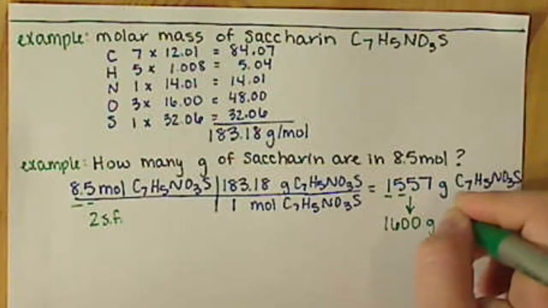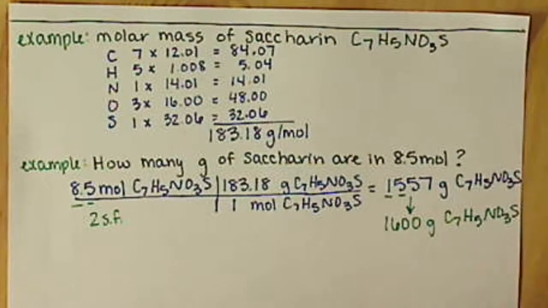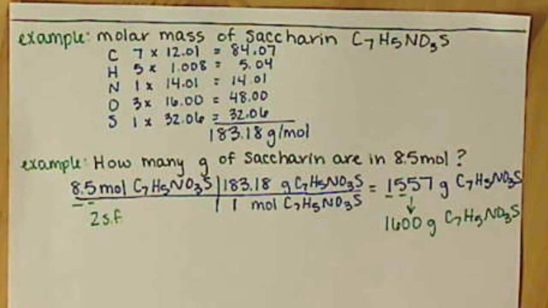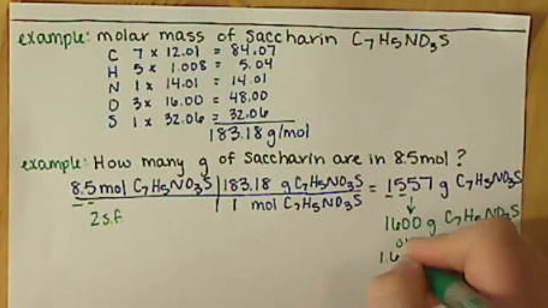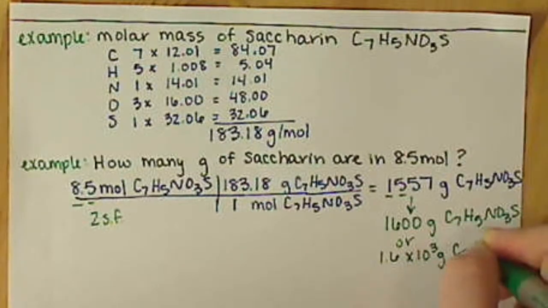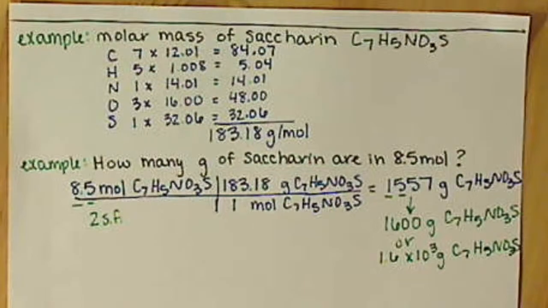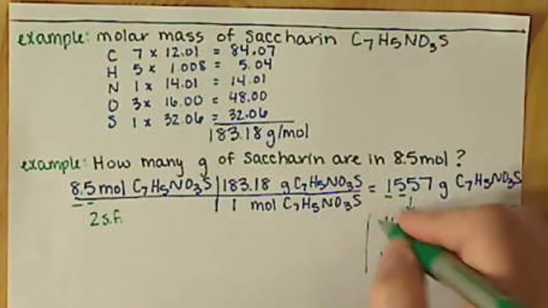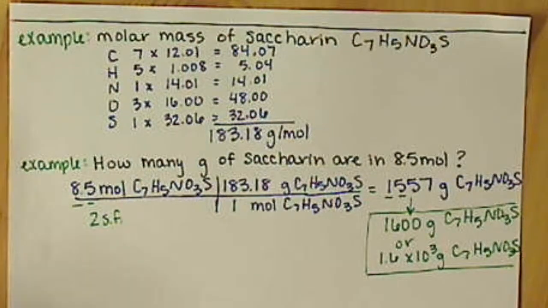So 2 ways to represent that. You have 1600 grams without a decimal, or you can do 1.6 times 10 to the 3. So either of those answers are correct.